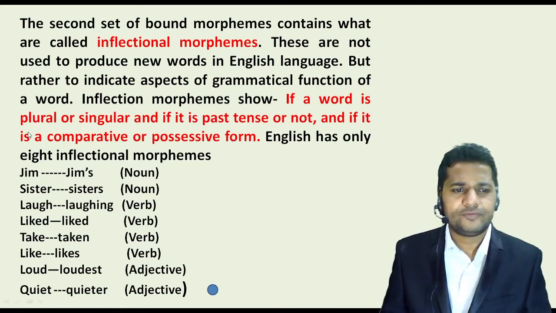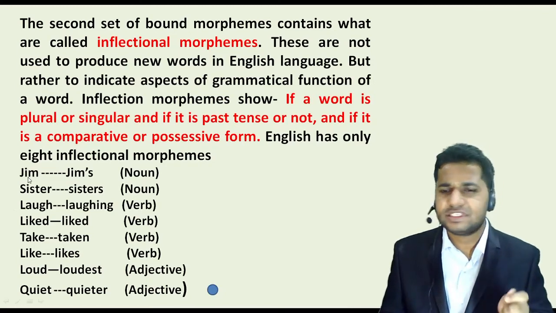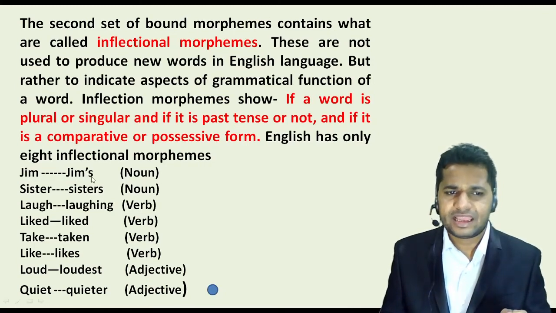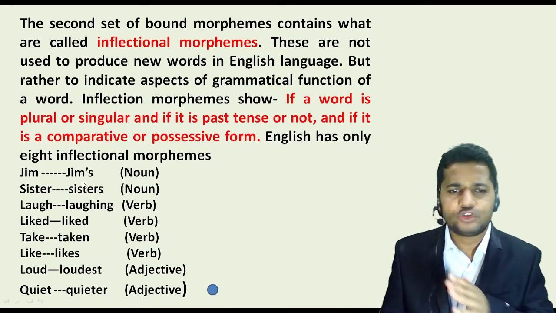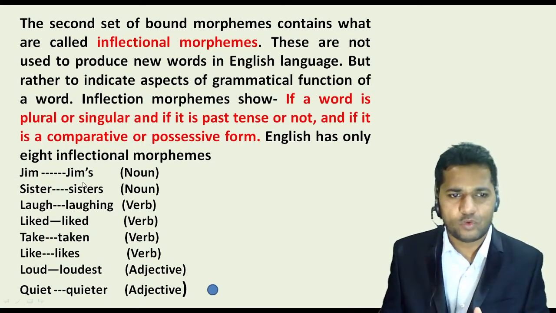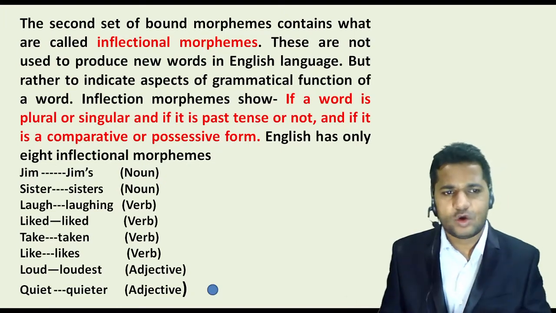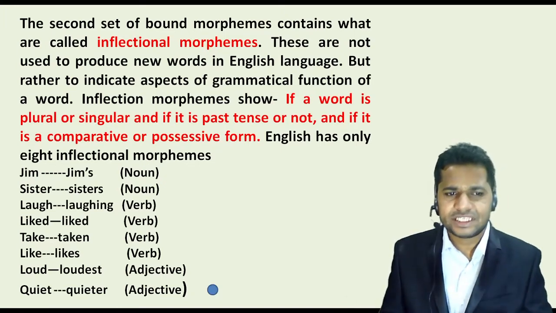For example, gym is a noun, so when you add s, again it's a noun. So from noun to noun, there is no change in the grammatical category of the word. Sister, again a noun. Sisters, plural form, but it's a noun. Laugh is a verb. Laughing, you add ing, it remains a verb.